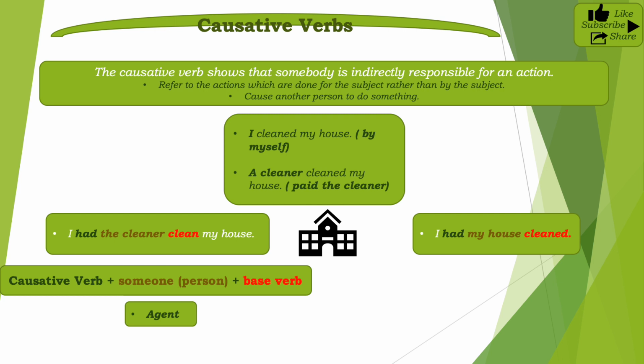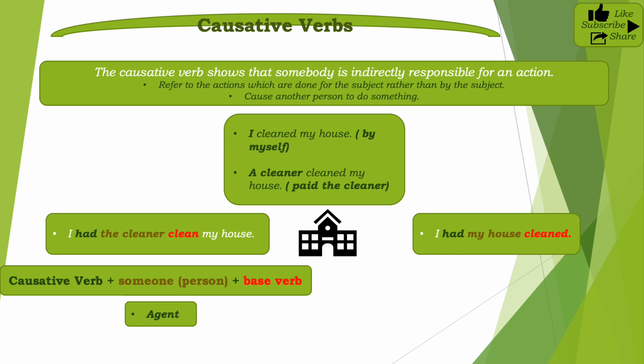If you look at the second sentence, I had my house cleaned. No doubt here the agent is missing, but I is the subject. But in a passive sentence, the object comes at the beginning of the sentence.